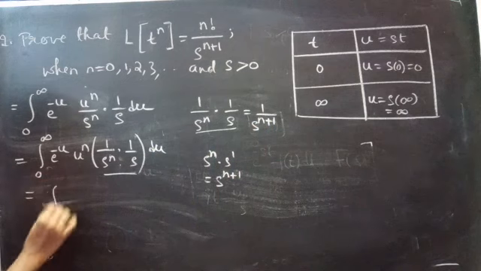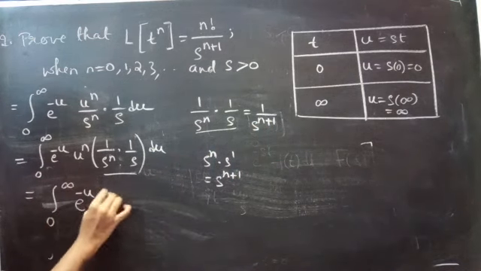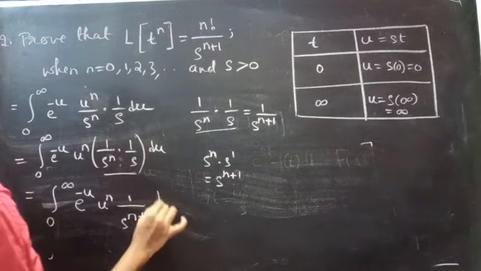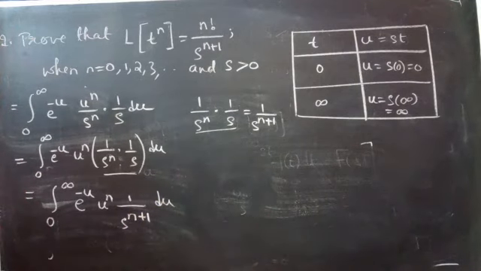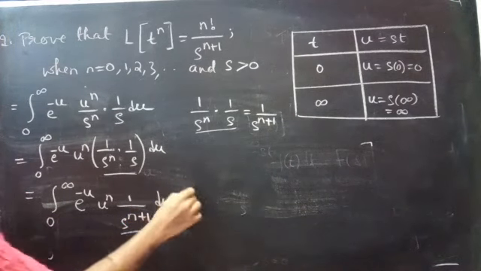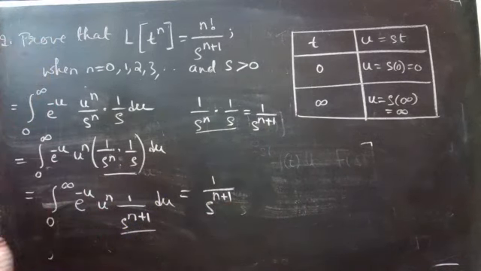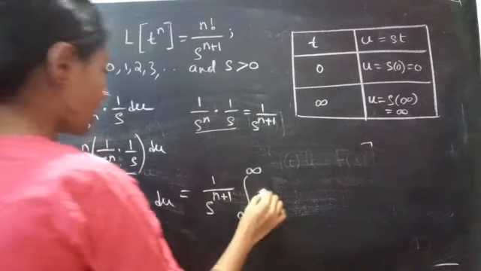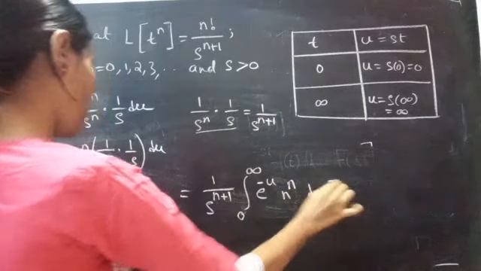So this equals integral from 0 to infinity e power minus u into u power n into 1 by s power n plus 1 into du. Okay. Since 1 by s power n plus 1 is a constant, you can take the constant outside the integral, then you'll get 1 by s power n plus 1 into integral from 0 to infinity e power minus u into u power n into du.